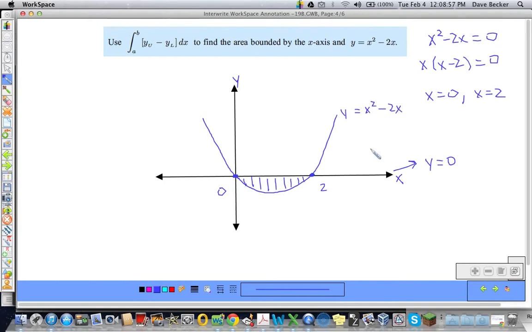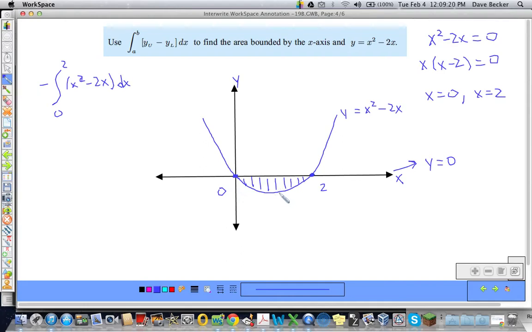Now, we already know that we could find this area by integrating from 0 to 2 of f of x, which is x squared minus 2x, dx, and negating it to compensate for it being under the x-axis, because the integral will come out negative.